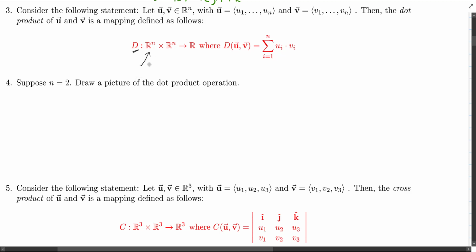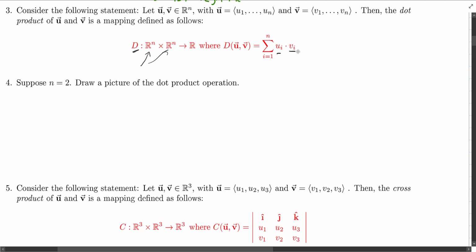It takes an object from Rn, which we could think of as a vector, and another object from Rn, again another vector, so two vectors in Rn, and maps them where? Very important here, notice that this is R1, the real numbers, that we're mapping these two vectors to. So the dot product takes two vectors and outputs a scalar. And how do you do that? Well, you simply multiply like components.